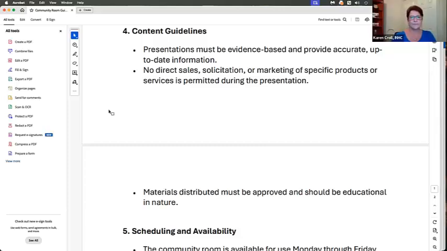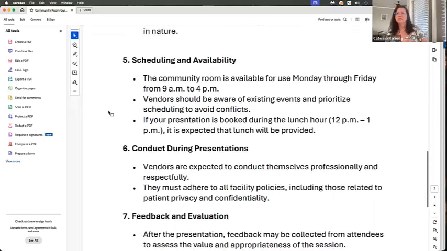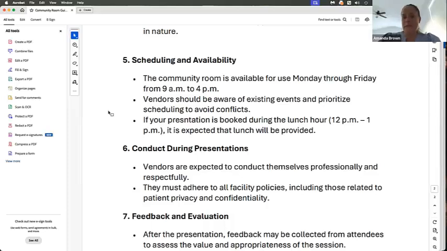Okay. Got it. Any questions, anyone, about content guidelines? Okay. Now, next section is scheduling and availability. You touched on this, but now we're getting into more details here. So the community room is available for use Monday through Friday between 9 and 4. I know it says 9 to 4, and you're like, but we meet earlier than that.